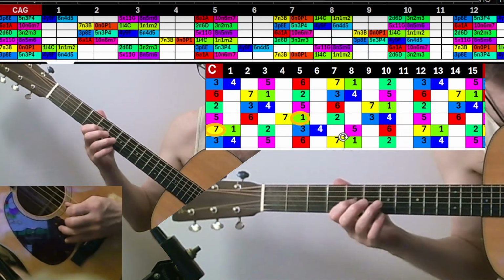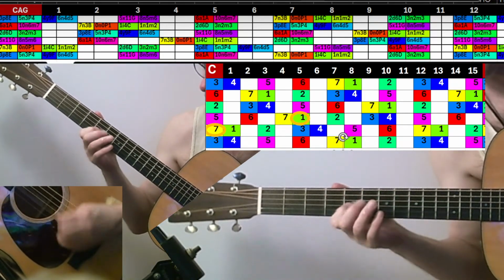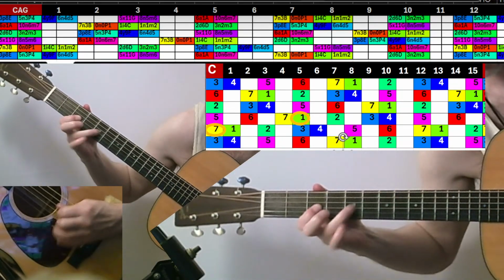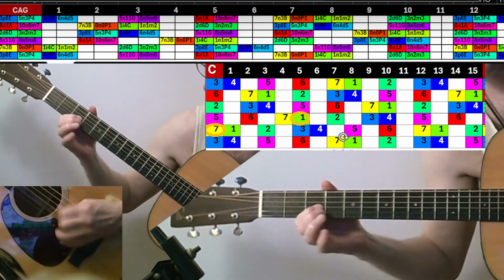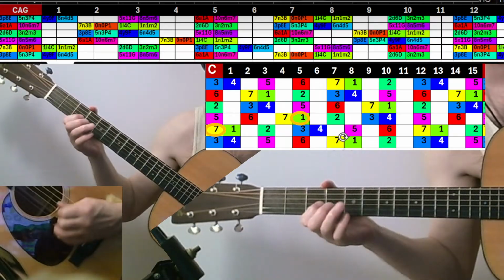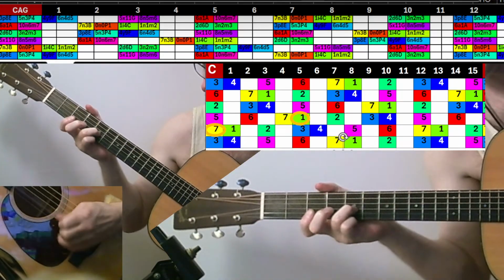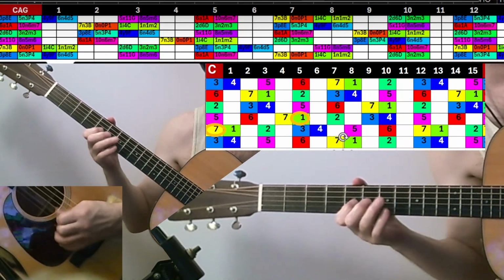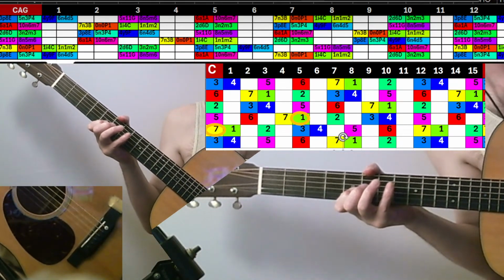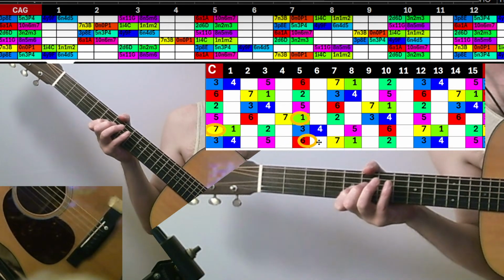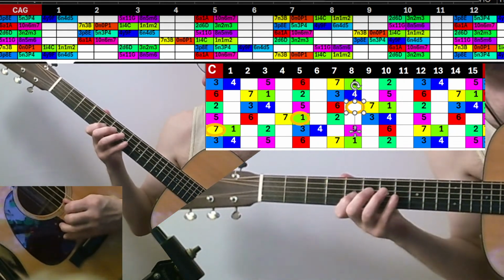So what would that sound like if I just hung out on that? I'm going to hang on that major 7, but then reach out here to the minor 7 from time to time.